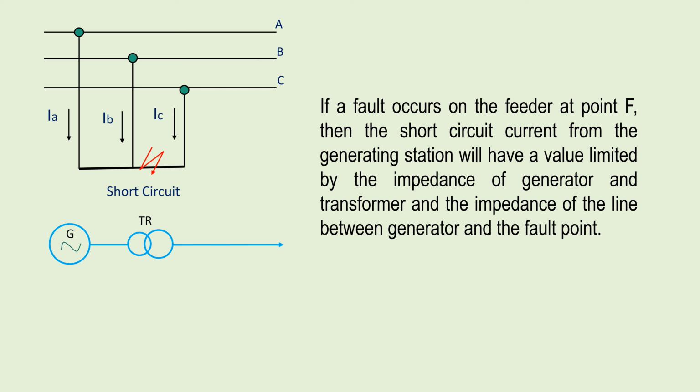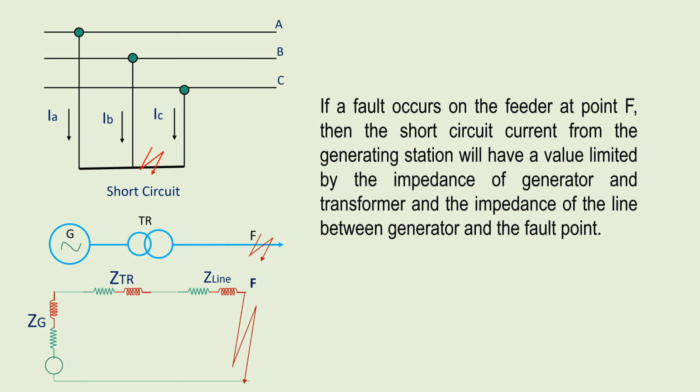If a fault occurs on the feeder at point F, see the picture, then the short circuit current from the generating station will have a value limited by the impedance of generator and transformer and the impedance of the line between generator and the fault point.